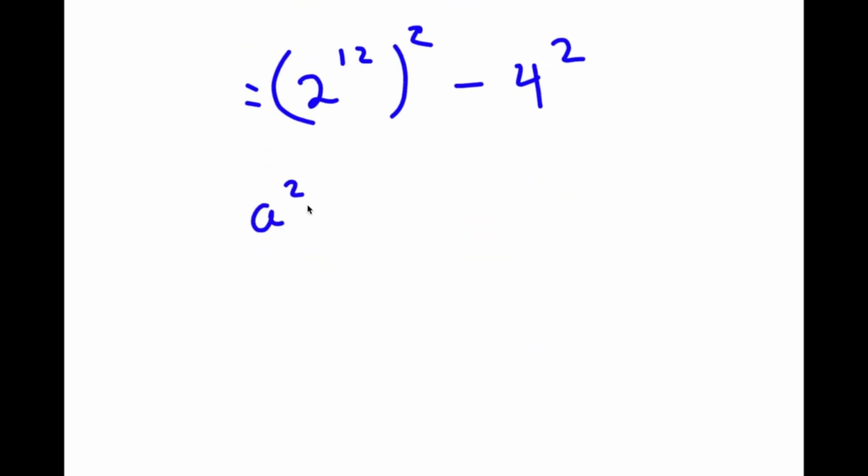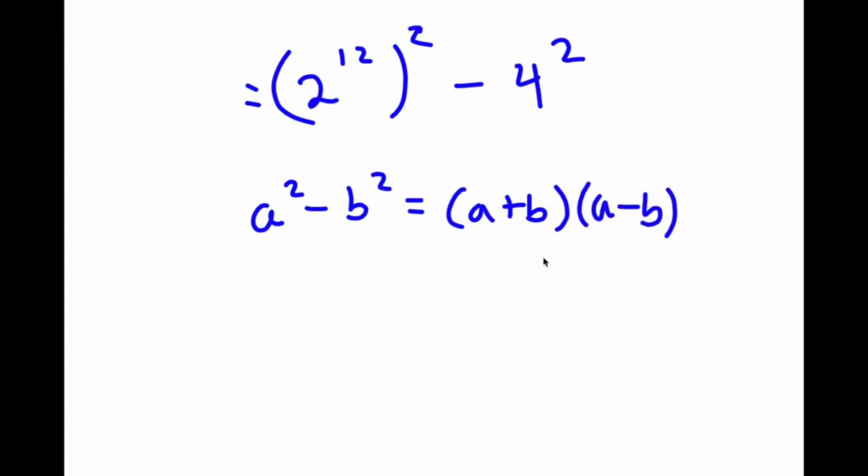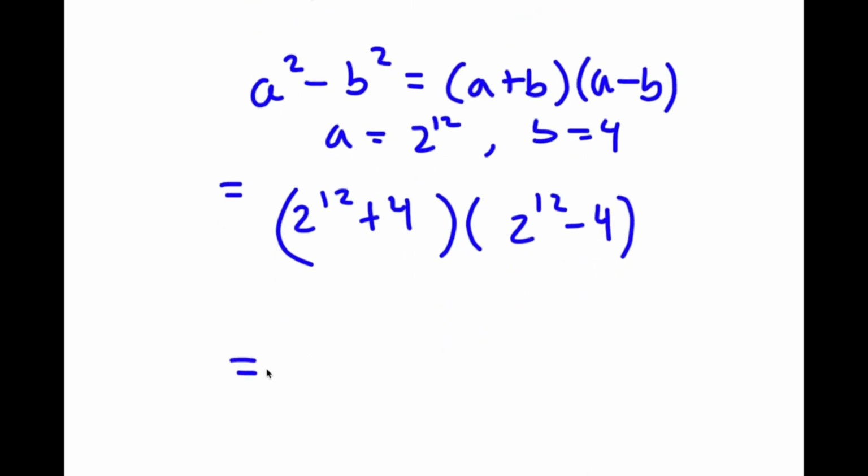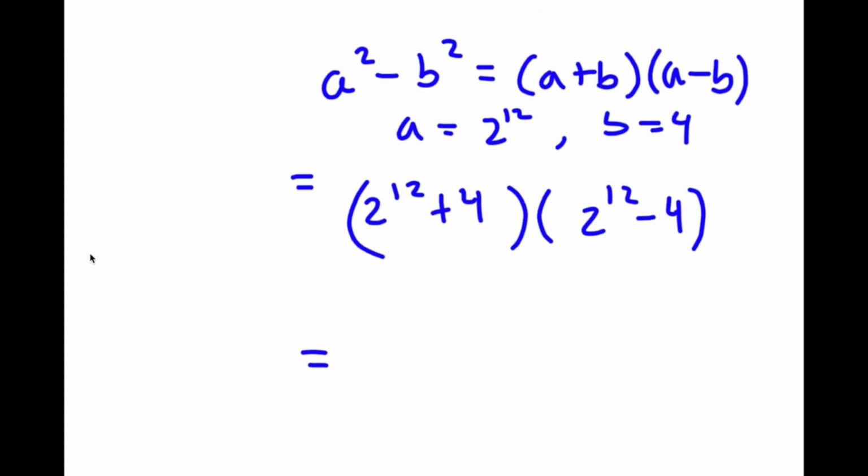Now, if I have something in the form a squared minus b squared, this is equal to a plus b times a minus b. So in this case, a is 2 to the power of 12, and b is 4. So I have 2 to the power of 12 plus 4 times 2 to the power of 12 minus 4. 2 to the power of 12, well, 2 to the power of 10 is 1024.